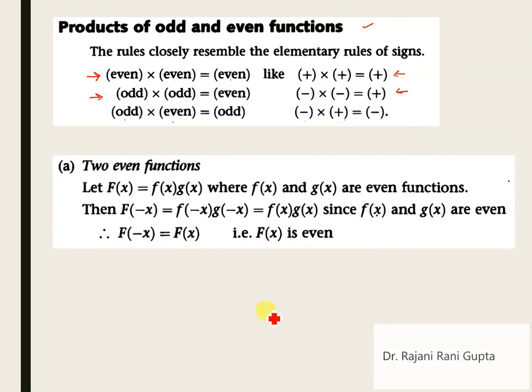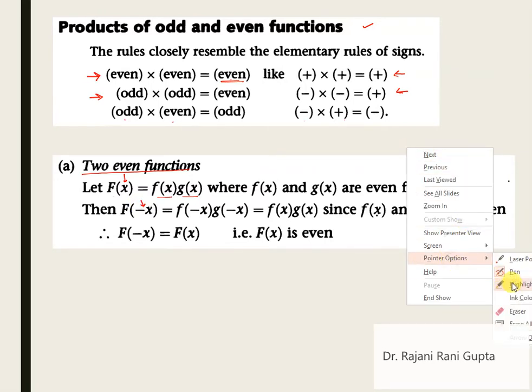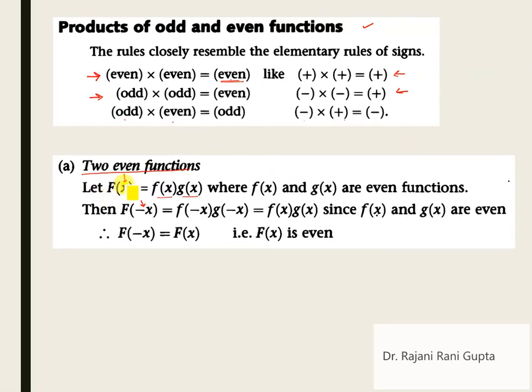See, if we consider the product of two even functions, say F of x is the product of two functions, small f of x and small g of x, where these are even functions. Then to check whether the product is even or odd, we will replace x by minus x. When we change this x to minus x, we have to change the other x to minus x as well.